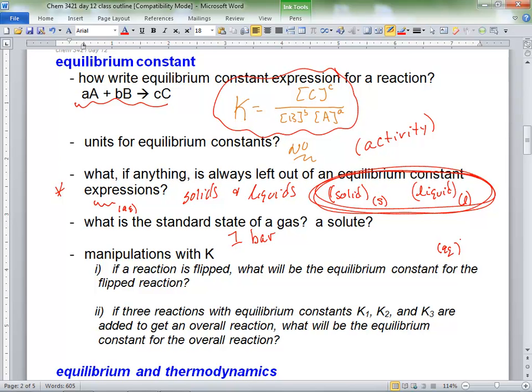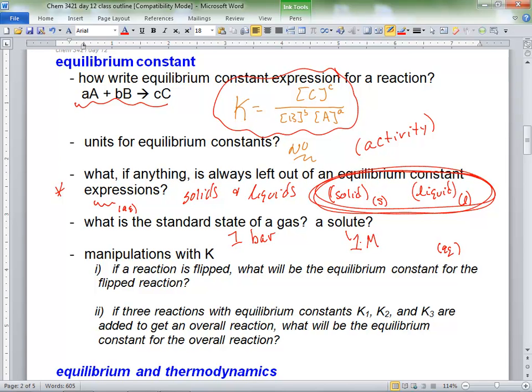What would be its standard state? Well, it's not a gas, though. Big M, but how many? 1 molar. 1 molar is its standard state. Okay. And really, this standard state stuff only comes into play when you start messing with thermodynamics or something like that, but I don't think we're going to really need it too much.